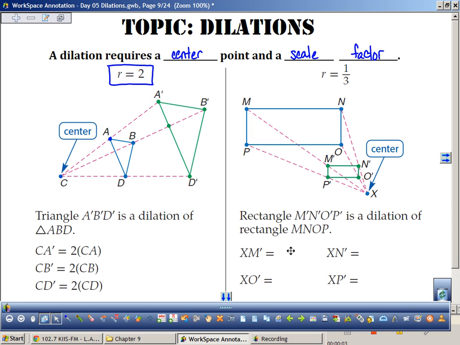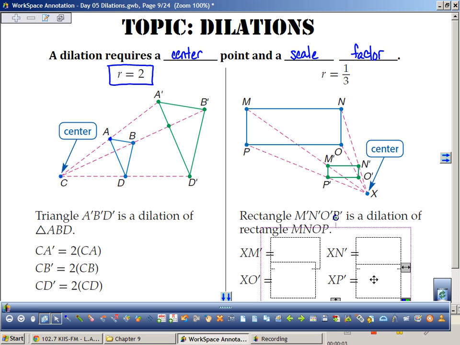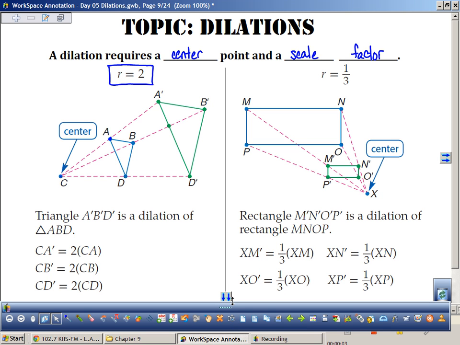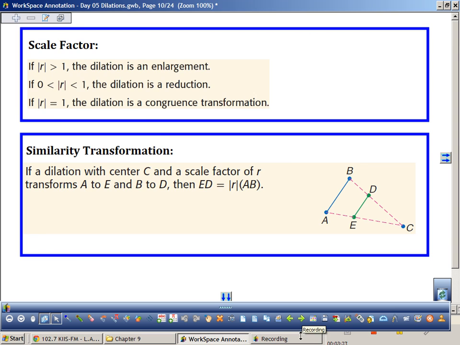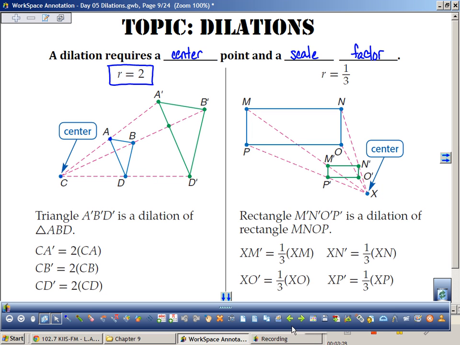It would be 1/3. So all of these would be 1/3. Moving on. It's just all of them are 1/3. 1/3 of the original image or pre-image.